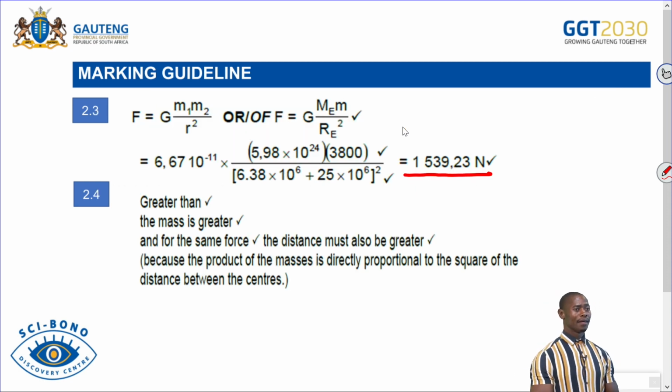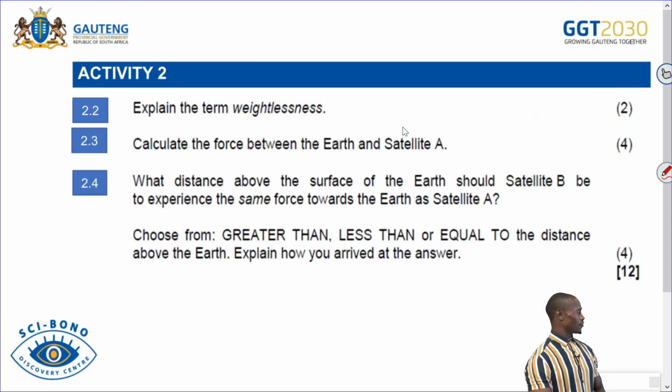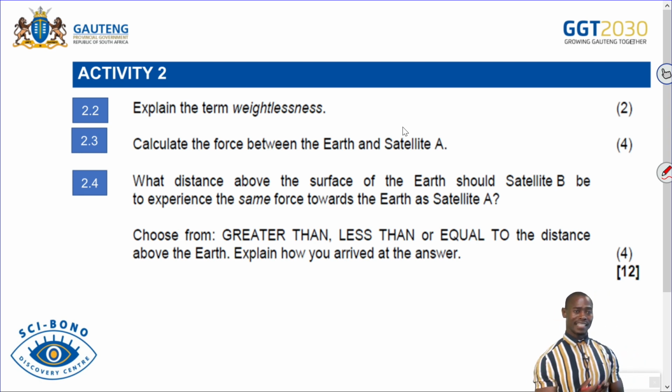So here it should be greater than. Why is it supposed to be greater than? Let's check. Is the distance supposed to be greater than, less than or equals to?